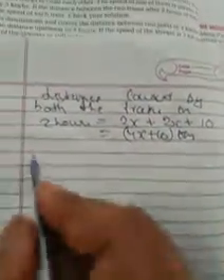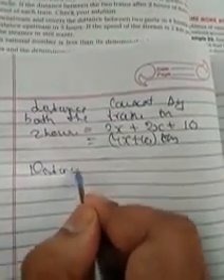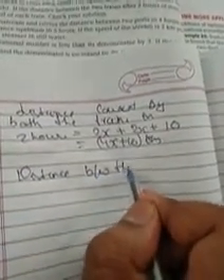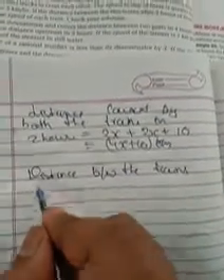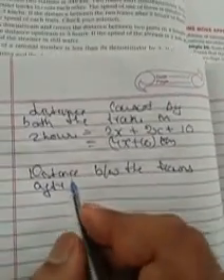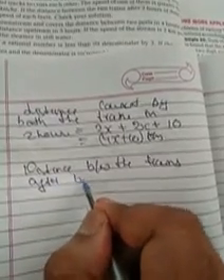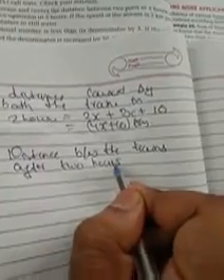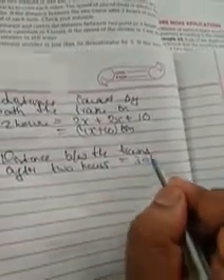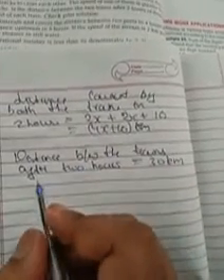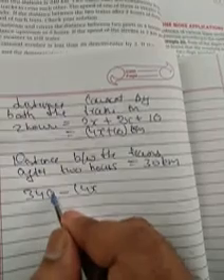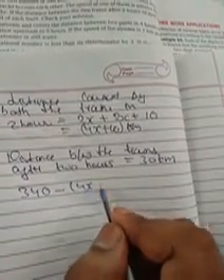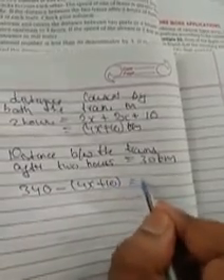Now the distance between the trains after 2 hours is given in the question: it is equal to 30 kilometers. So 340 minus the distance covered by the trains in 2 hours, 4x plus 10, will become 30.